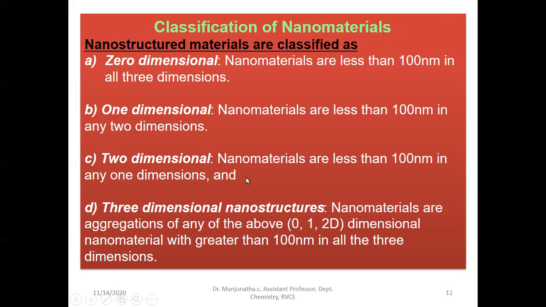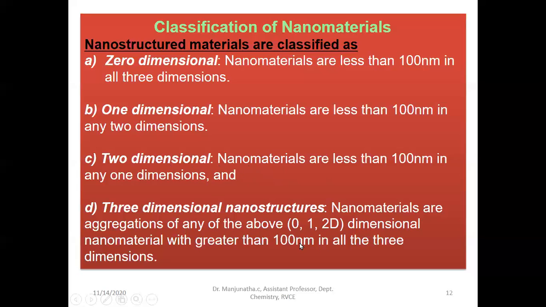Similarly, a two-dimensional material is a nanomaterial whose size is greater than 100 nanometer in 2 dimensions. In 1 dimension, it is less than 100. In 2 dimensions, it is greater than 100 nanometer. Therefore, the two-dimensional material looks like sheets or plates, which I'll show you in the next slide.